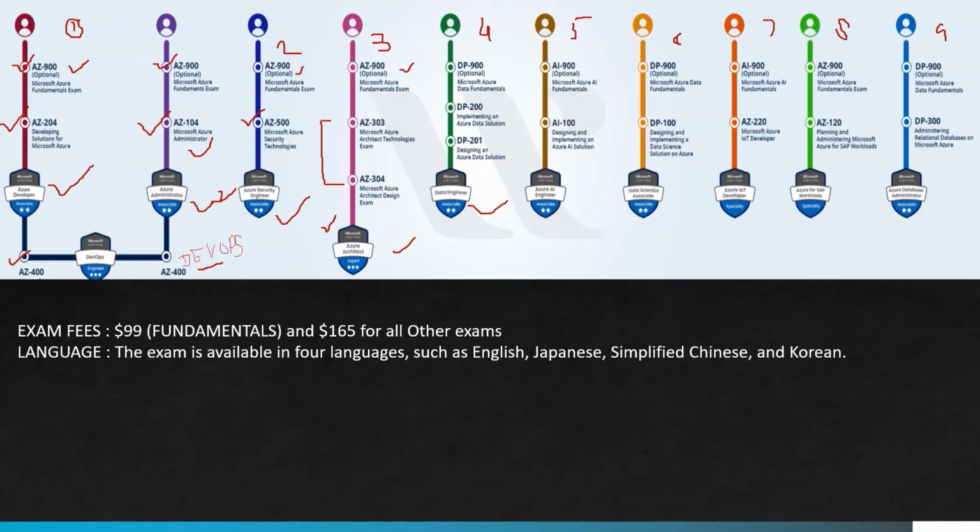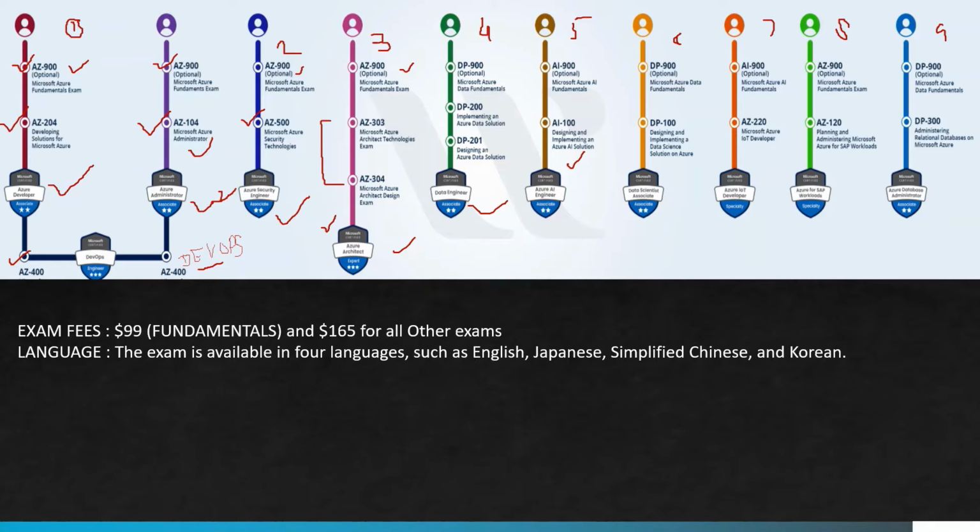Get all your concepts clear, and then go for AI 100. This is the Azure artificial intelligence certification. Here you learn all the latest technology, cognitive services, all those things.